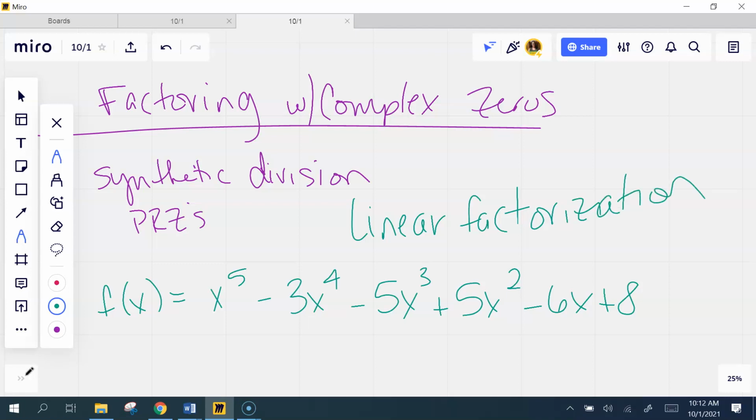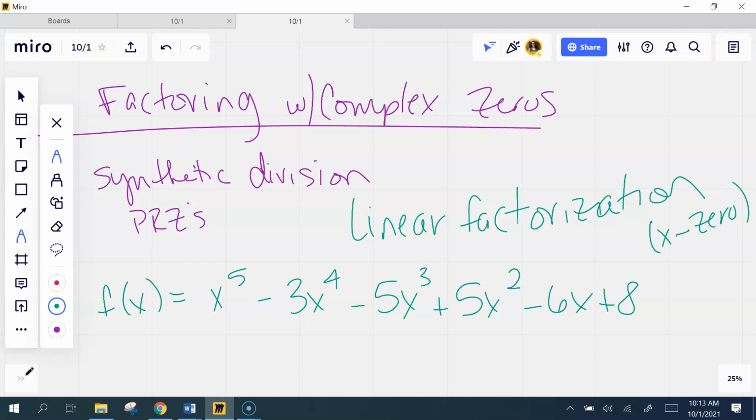Does anybody know what linear factorization means? It's factored out, but you can't have any exponents on your x's. Just because it's not factorable a certain way, I can't leave it like that. I have to have it in x plus a zero, you know, every zero is a factor.